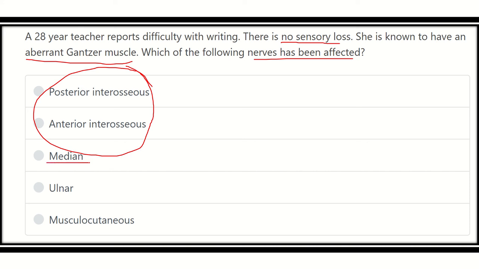On the other hand, the median nerve is a mixed nerve. The ulnar nerve is also a mixed nerve, and the musculocutaneous is a motor nerve. So we have to find out anterior or posterior interosseous nerve.